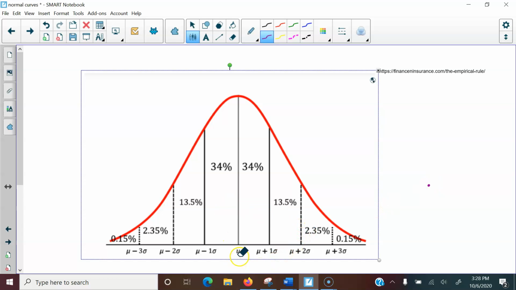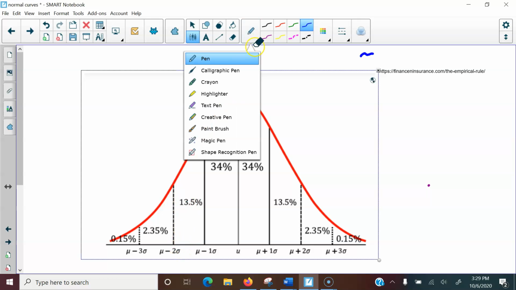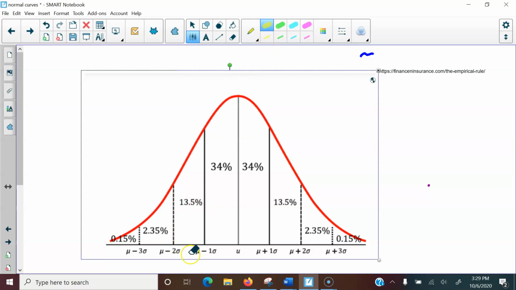Here we can see between the mean and the mean plus 1 standard deviation, we've got 34% of our data. And between the mean and 1 standard deviation below, we've got another 34% of the data. Between 1 standard deviation below and 2 standard deviations below, in this interval, we have 13.5% of the data. So this part in yellow is 13.5% of the data.